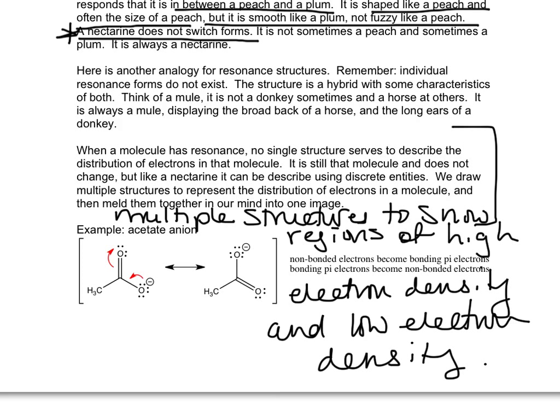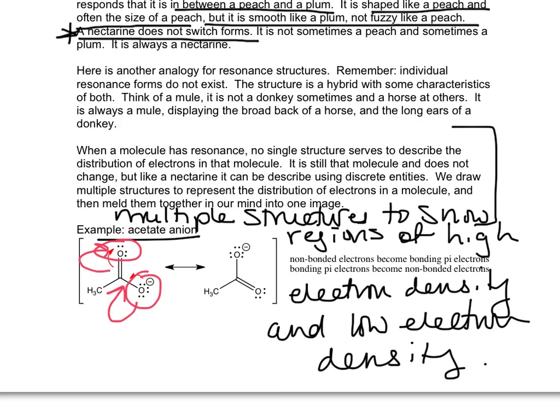So here is an example of the acetate ion. We have a negatively charged oxygen and a neutral oxygen. Well, those lone pairs can delocalize and go between the carbon and the oxygen, and then the pi electrons can be pushed onto the oxygen.